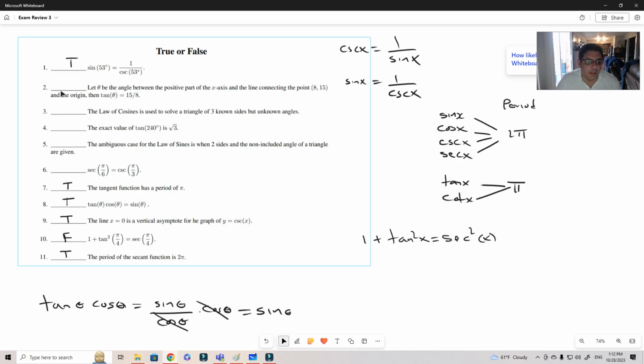All right. Now, let's go for question number 2. And question number 2 says, let theta be the angle with the positive part of the x-axis and the line connecting the point (8, 15). So what is going on in there?